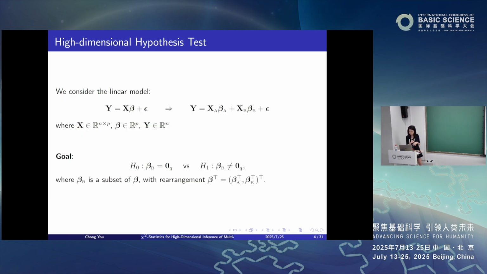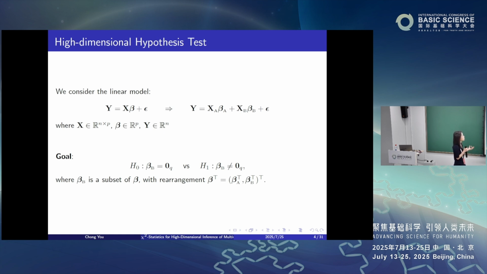So let's formalize our problem setup. Let's consider a linear model first. y equals X beta plus epsilon is a very standard linear model. Y here is the response vector, X is the design matrix, beta is the coefficient, and epsilon is the random noise.